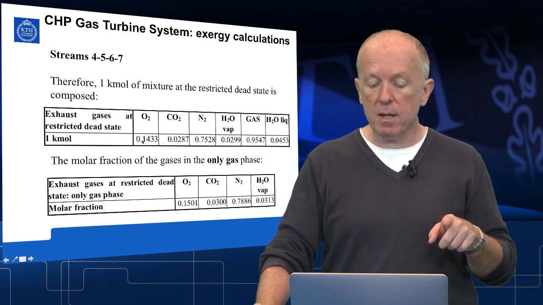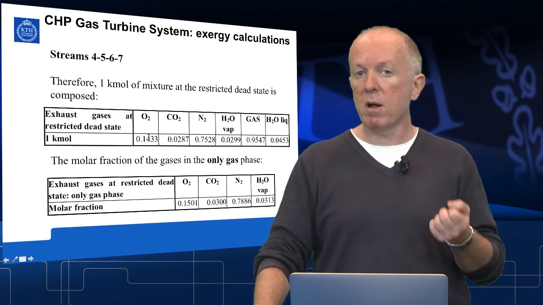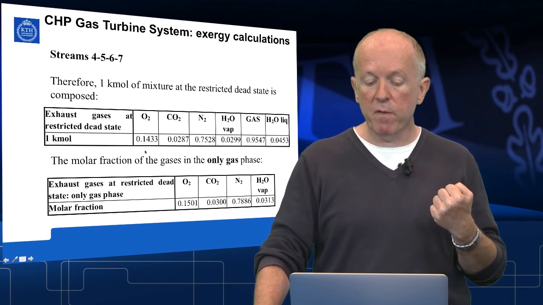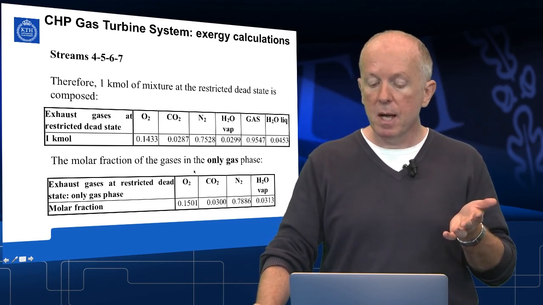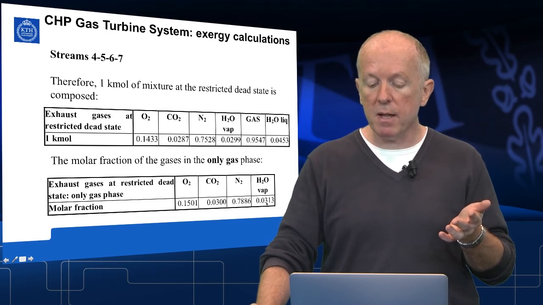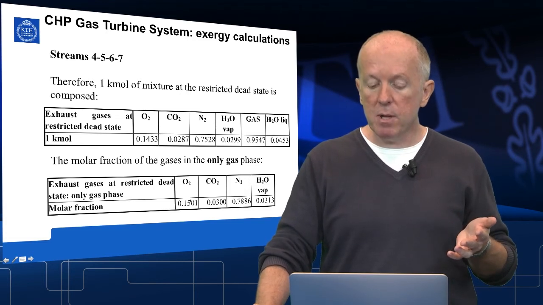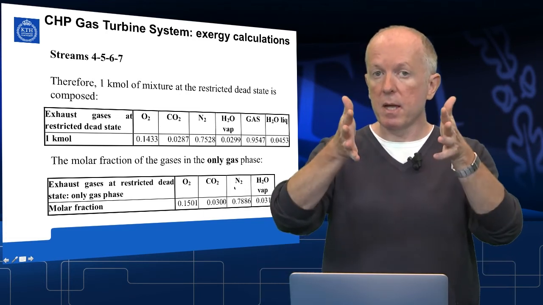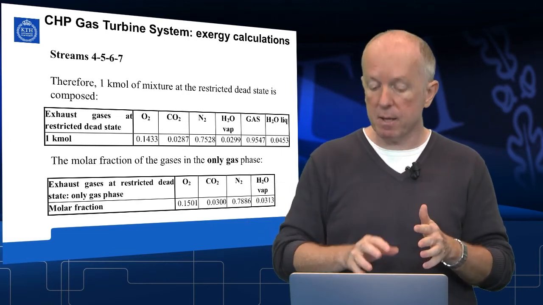So if you normalize this 0.14 towards the value of the total not condensed gas, you will obtain that the molar fraction of oxygen will move from 0.14 to around 0.15. The same will occur for the other chemical species, CO2, nitrogen, and steam. Now this is the composition of the stream which has remained in the form of gas.